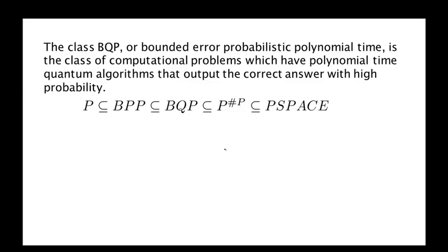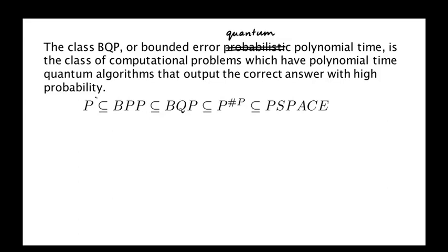Let's first define this class BQP, or bounded error quantum polynomial time. It's the class of computational problems which have polynomial time quantum algorithms that output the correct answer with high probability. So for example, factoring belongs to BQP.